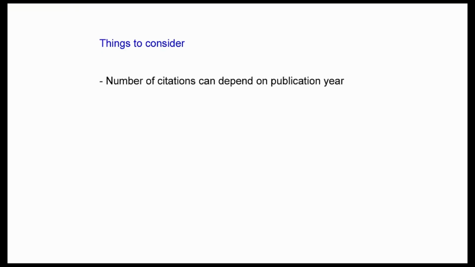Things that you need to consider: the number of citations can depend on the publication year, of course, and I mentioned that before. If it came out yesterday, the number of citations cannot be that high, but it doesn't necessarily mean that it's not a good paper. Then you would look at maybe the journal impact factor rather than number of citations. The review article tends to be cited more often.